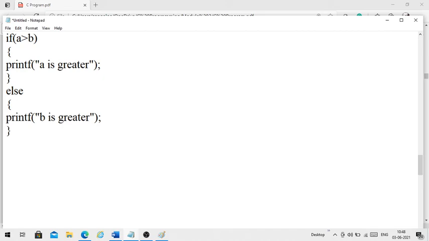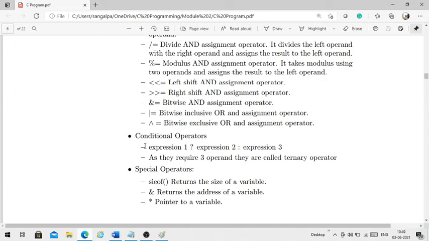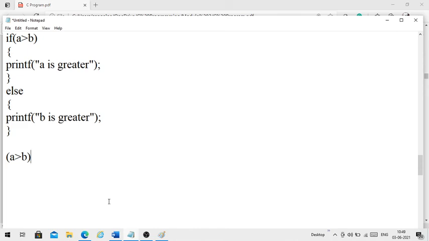So instead of this, I can use this ternary operator. How? I can write like this: A greater than B. This is expression 1. If it is true, then I will write printf "A is greater".